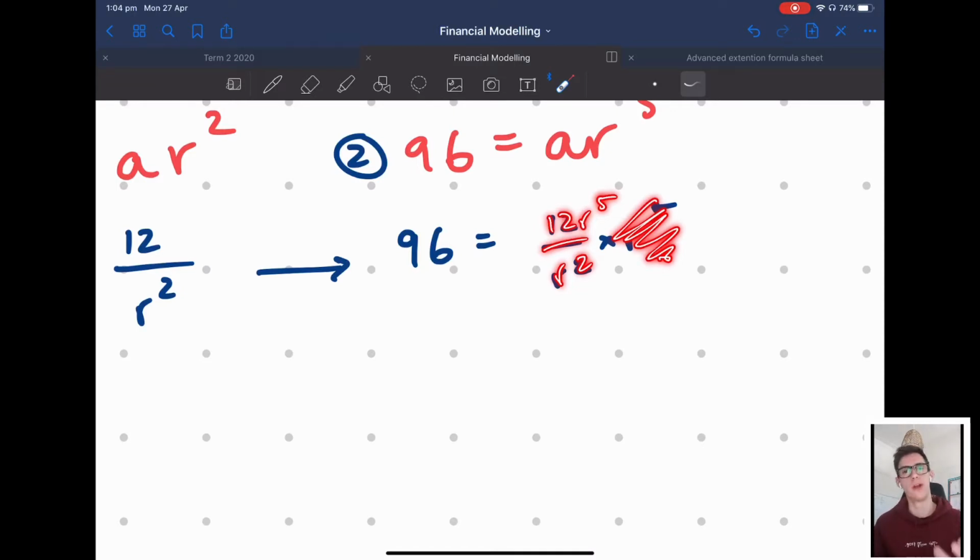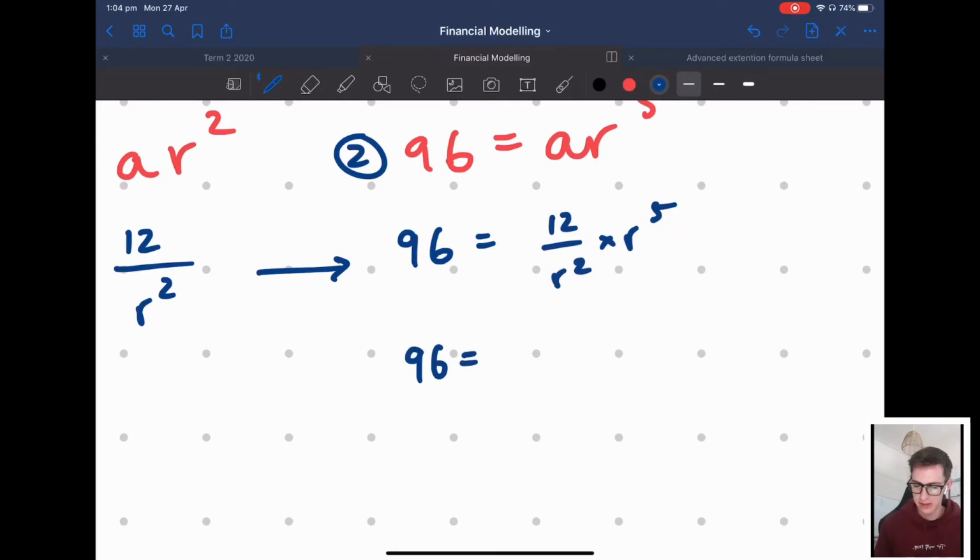So what we're looking for is, where is the bigger power of r? It's clearly on top. And the lesser power is how many are going to cancel away from the power. So I'm going to get rid of 2 from the bottom, and that's going to leave me with a power of 3 on top. So by simplifying that fraction, I'm going to get 96 equals 12r cubed.